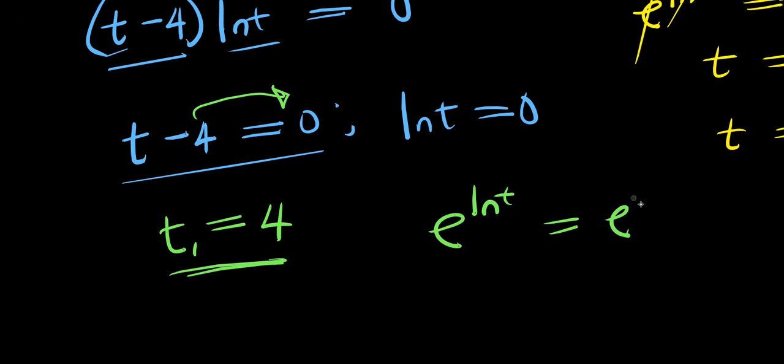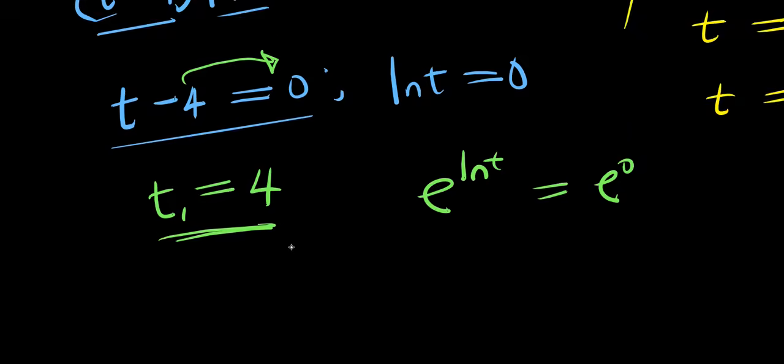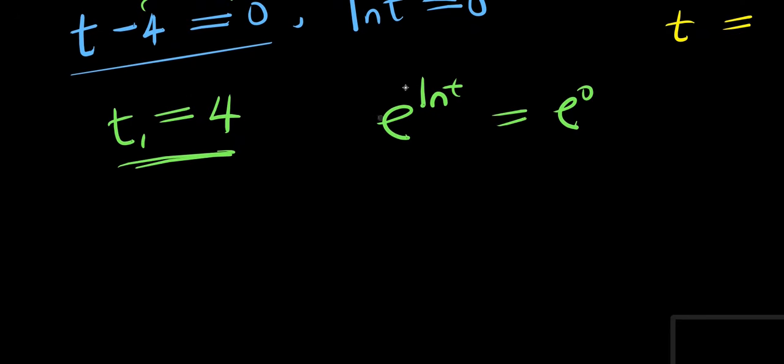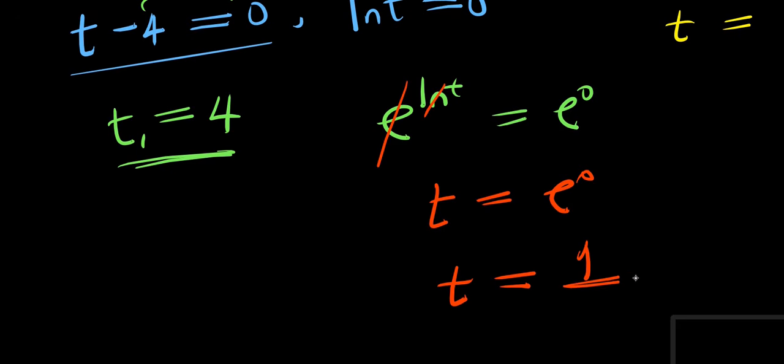I also have e power 0. So this cancels this. I have t equals e power 0. I have t equals e to the power of 0 is 1. So you see, we also have two different solutions right here.